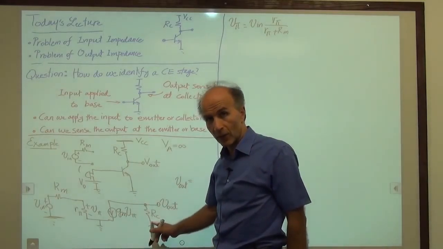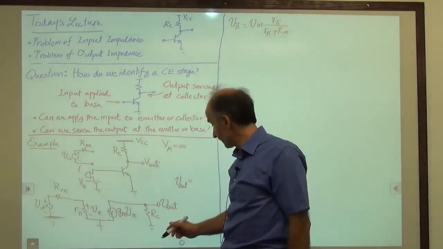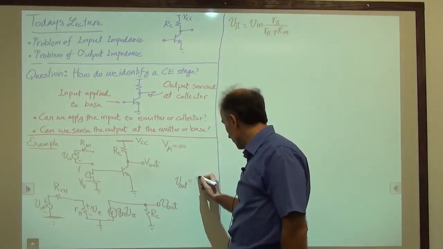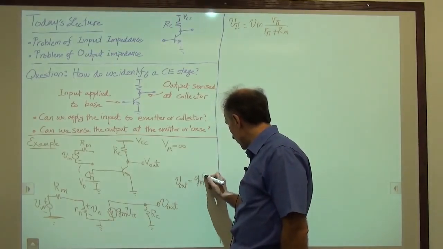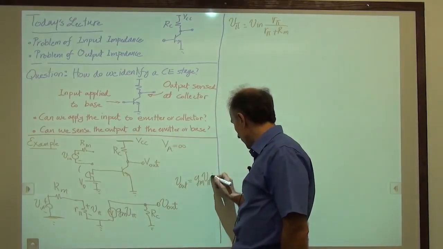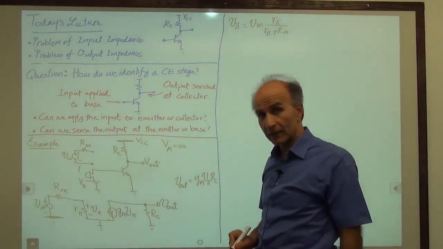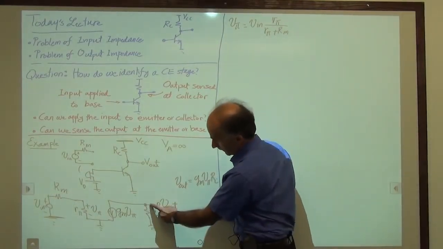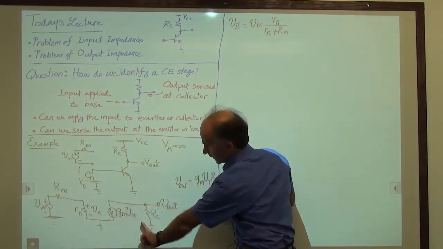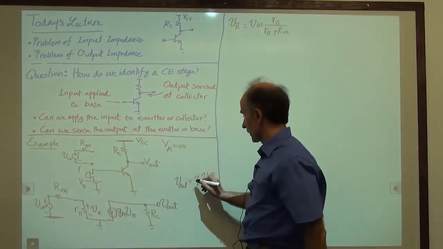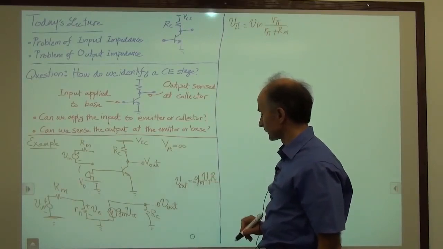It has no other place to go, so it has to be equal to Gm V pi Rc, except that there is a negative sign. V out is from here to here, but this current is pointing upward, so we have a negative sign here.